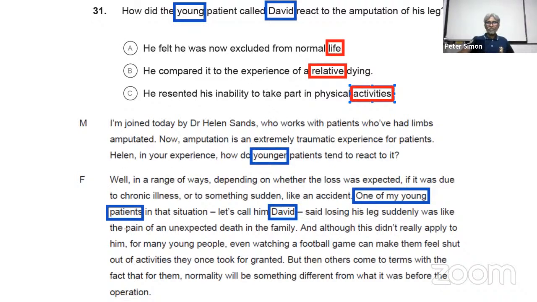Now, if you see, one of my young patients in that situation, let's call him David, said, losing his leg.